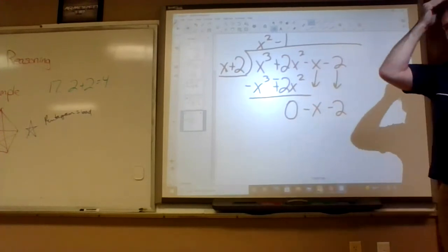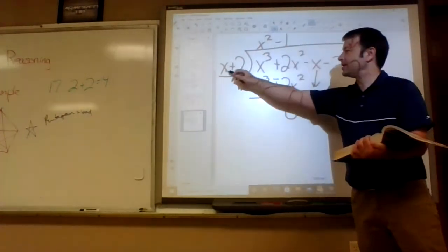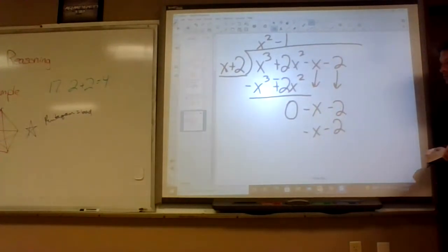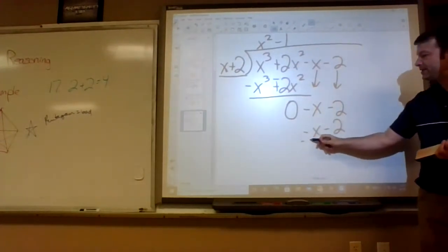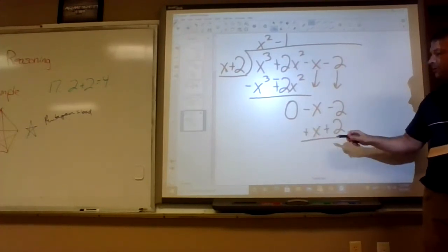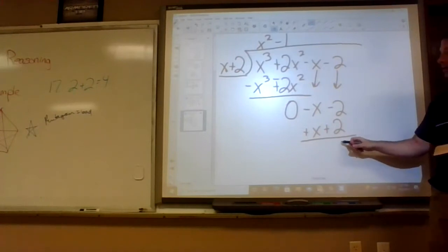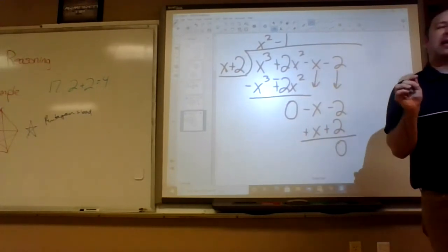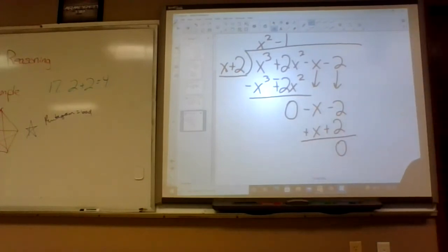There was no x term. Negative 1 times x plus 2 is negative x minus 2. But if I need to subtract the bottom line, those will both become pluses, and what's my remainder? 0. That actually worked out surprisingly. Okay. So that whole giant fraction simplifies to x squared minus 1.